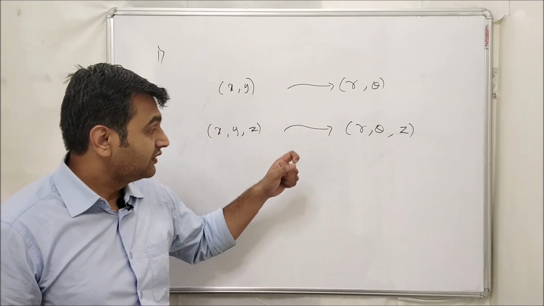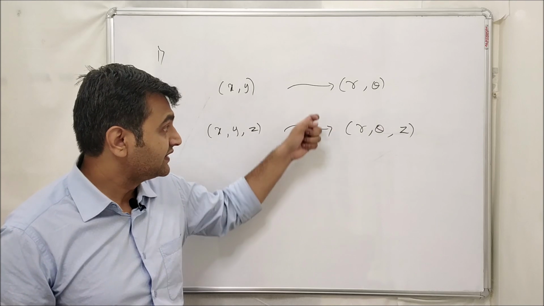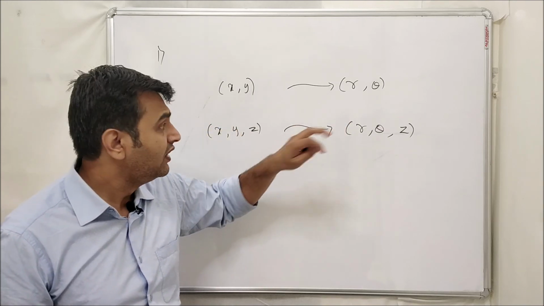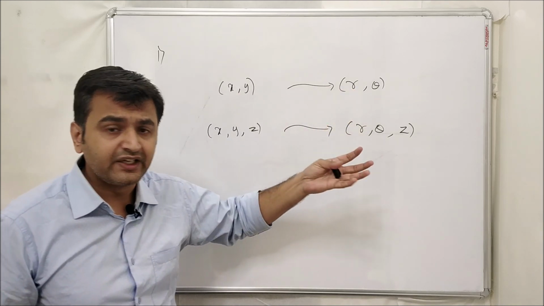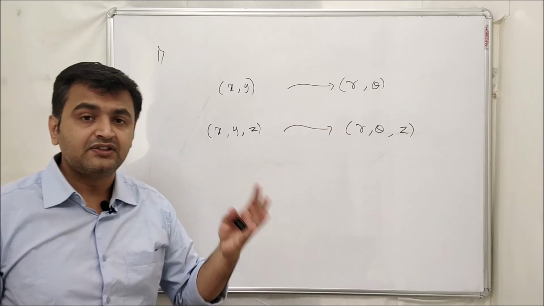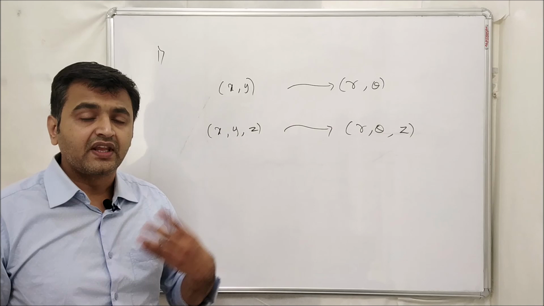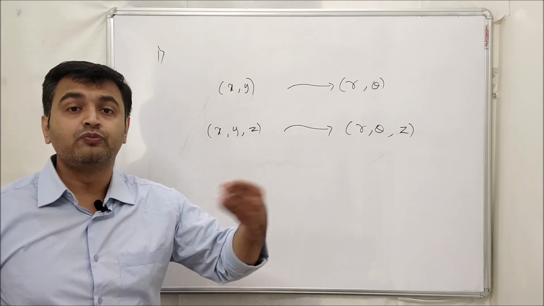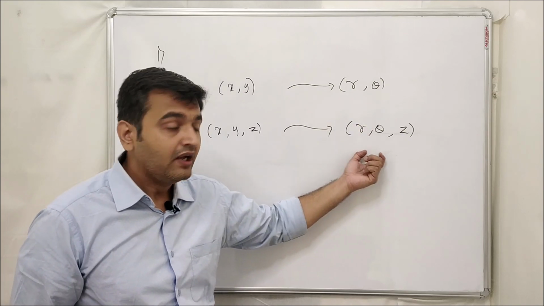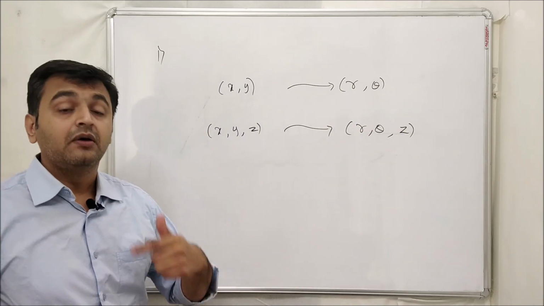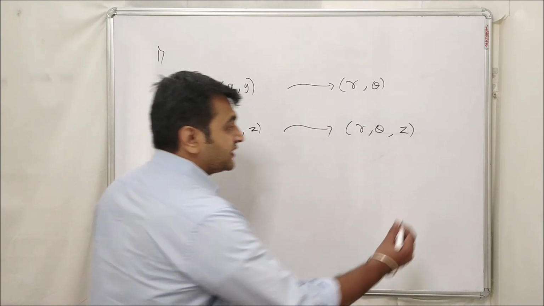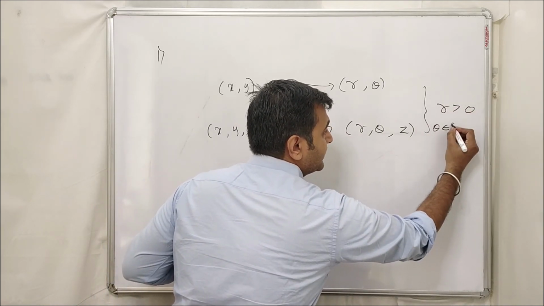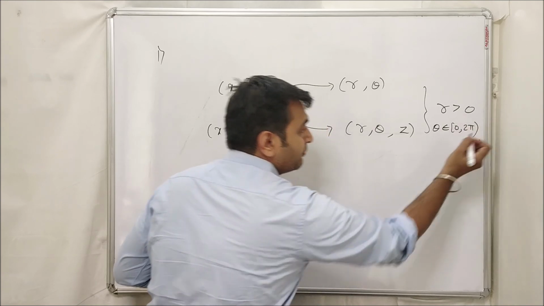Now the question is, is this a unique representation? The answer is no, as we saw in our 9th or 10th lecture, that r can be positive or negative, and since you have sine and cosine in the picture, which are periodic, theta will keep on taking the same value after the interval of 2 pi. So here also the same thing. The representation is not unique, but if you want to make it unique, we keep r positive and take theta in 0 to 2 pi.